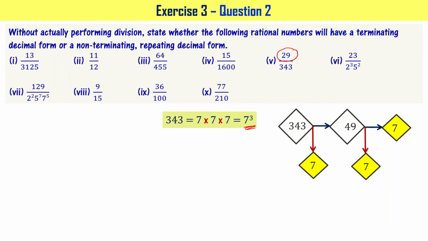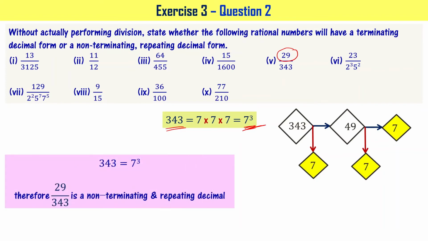For that reason, when you express the denominator 343 in the form of its prime factors, what you get is 7 cube. It is not in the form of 2 power n 5 power m, right? For that reason, let me say that 29 divided by 343 is a non-terminating and repeating decimal. Please note this. Now let's look at the next part of the problem.